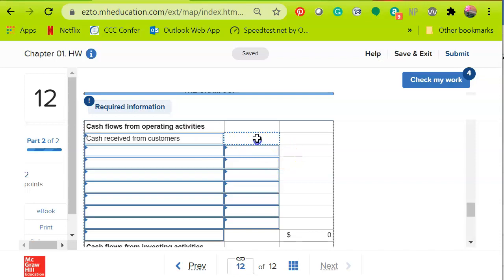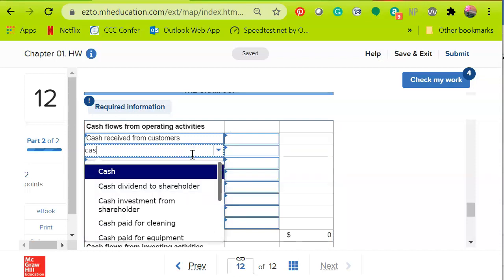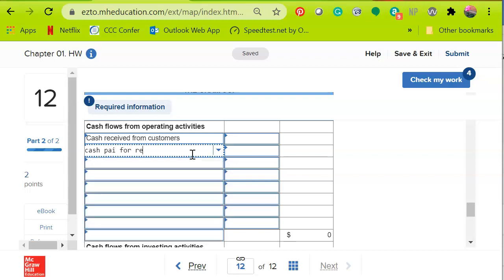I'm not going to put my amounts in because your amounts and my amounts will be different. I'm just going to put in the amounts that are considered operating activity. So cash paid for rent, and you should be able to get this from your tabular analysis and see what amounts were actually paid for rent.